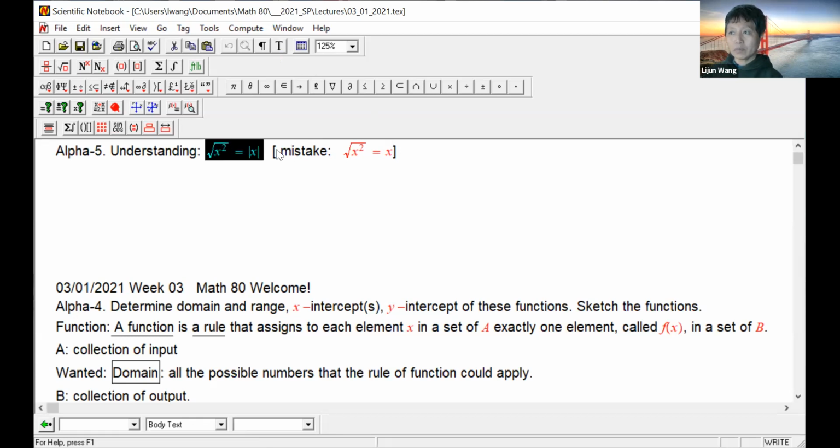Now, the next piece of this. The first piece is that the square root of x squared equals the absolute value of x. Are there any questions? Let me see. Did I do the recording? Okay, I did the recording.